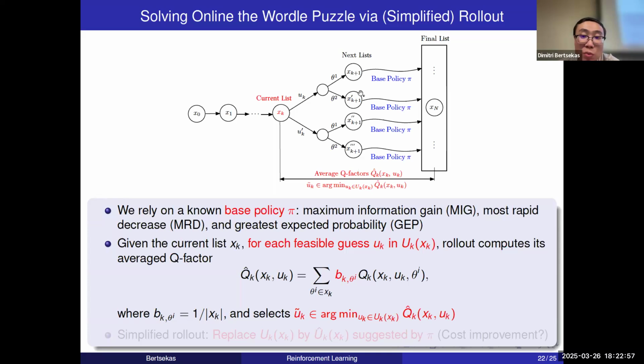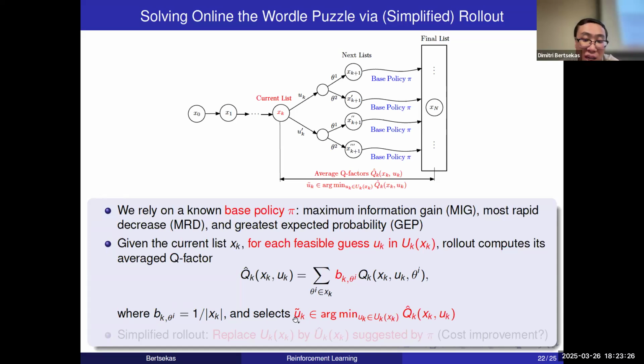For every one of them, you assume theta equals theta 1, theta equals theta 2, and so on. You run the base policy and see how many guesses you need to get the right word, or even exhaust the 6 guesses. And that gives a Q trajectory, and you average them using this weighted formula, essentially sum them up and divide by the number in X_k.